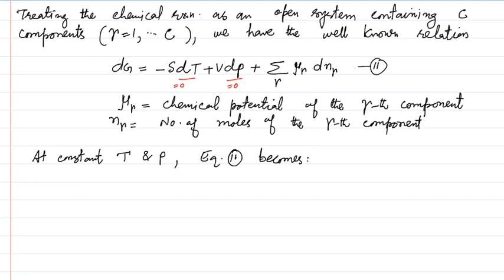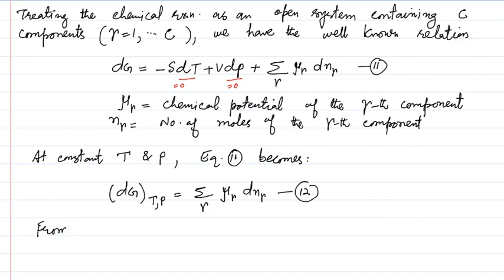So we will get a simple relation here, that means change in Gibbs free energy at constant temperature and pressure will be equal to summation over gamma of mu gamma dn gamma. This is equation 12.